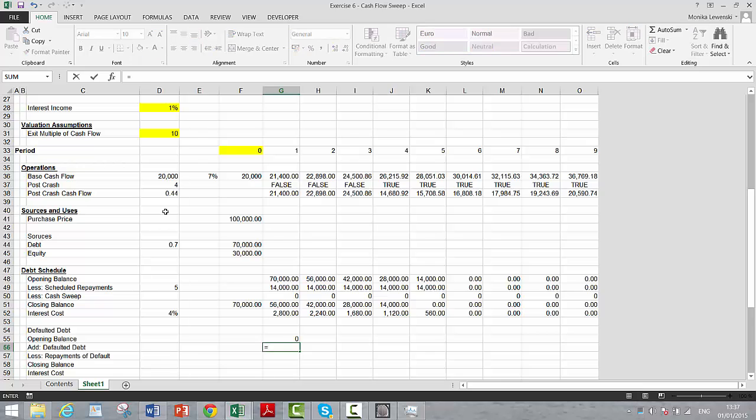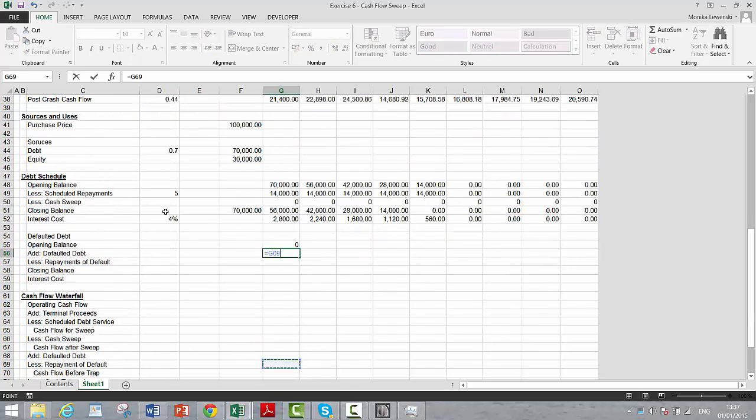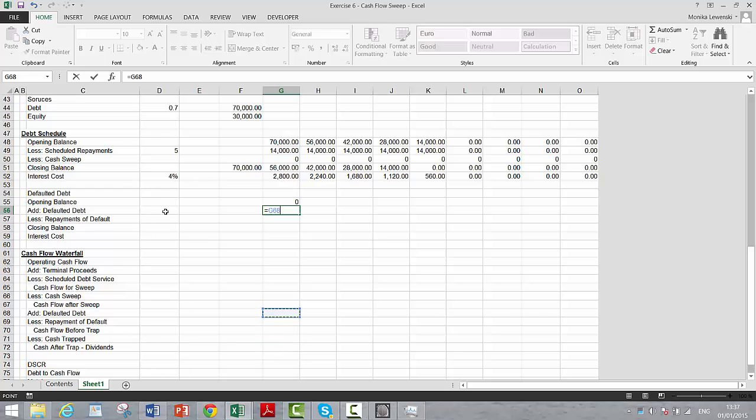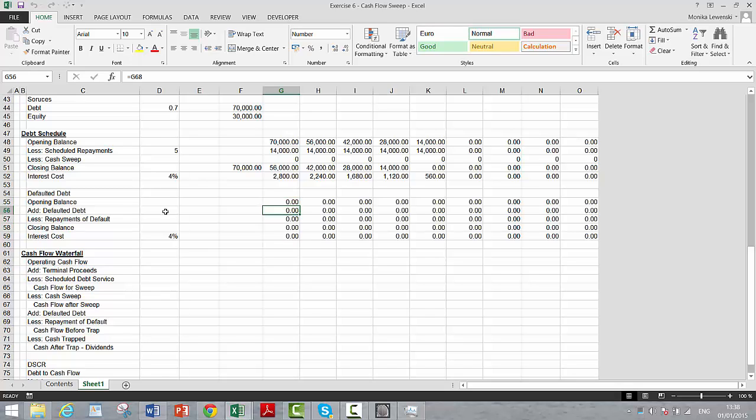The defaulted debt amount from the cash flow statement is 68, and then the repayment of the default is 69. We can't do both, so it's okay to put those in. So we put the opening balance plus the defaulted debt minus the repayment of the defaulted debt. Let's take the same interest and multiply that interest by the opening balance. Okay, and Shift Control 1, Shift Control R.